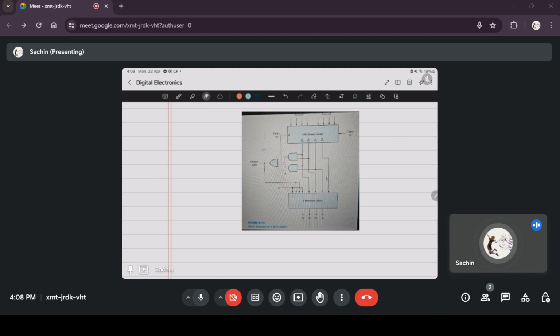And carrying over a 1 in the BCD number can be done by adding 6 to the binary number, because if you add 6 to 9 you will get 15.